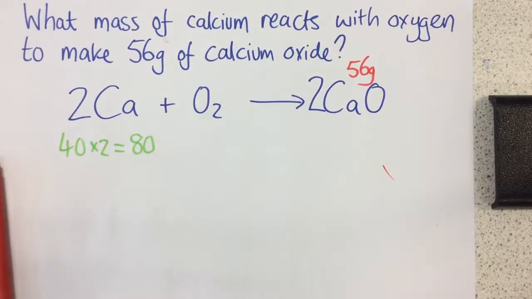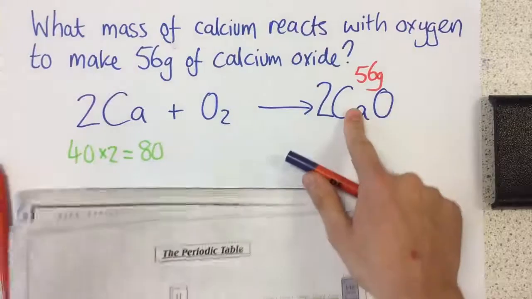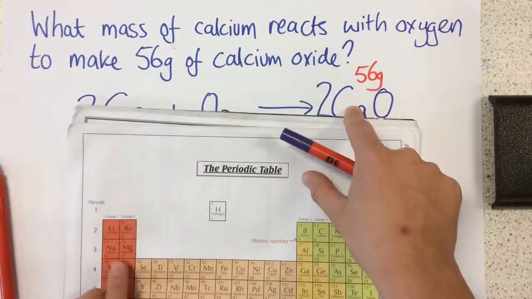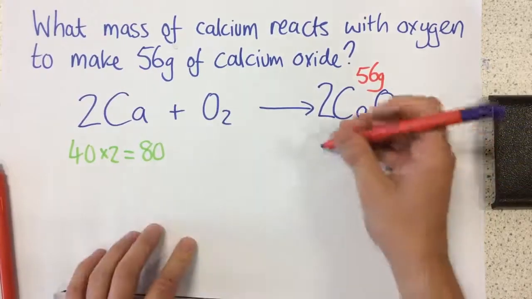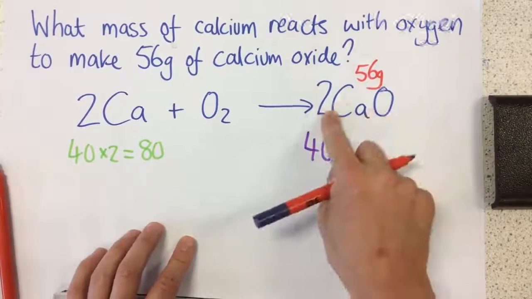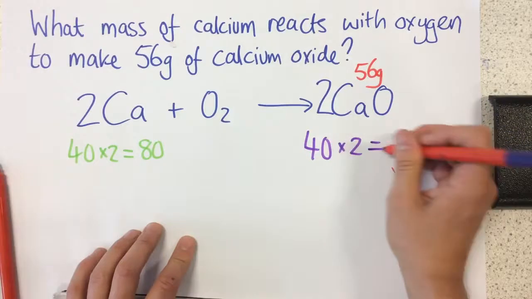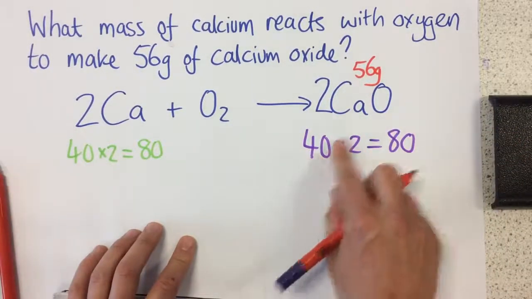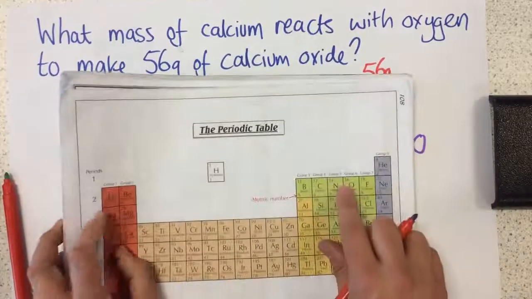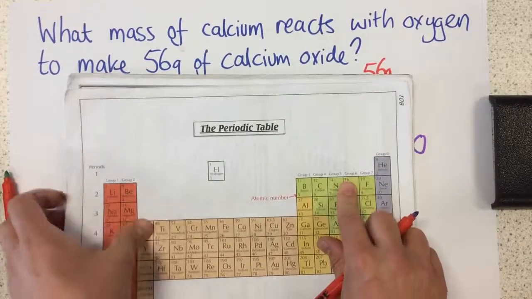What I'm then going to do is do the same for this here. So I can see that again, obviously my calcium's relative atomic mass is 40, and I've got two of these. So for calcium we've got 80 here, and for oxygen my relative atomic mass of oxygen is 16.